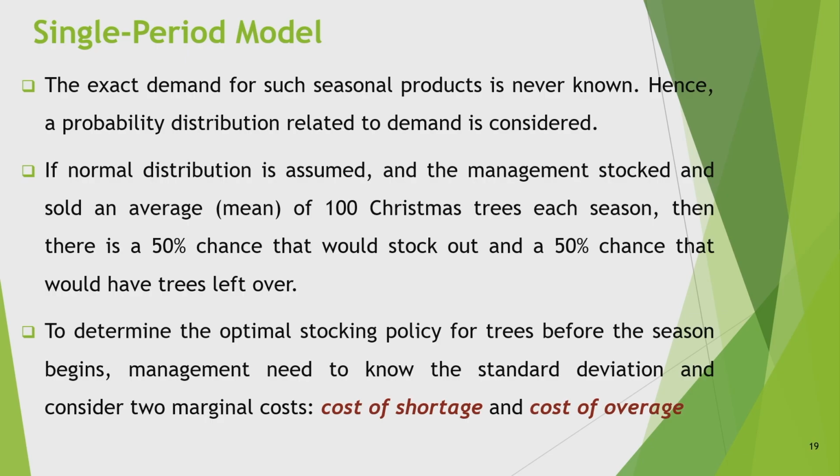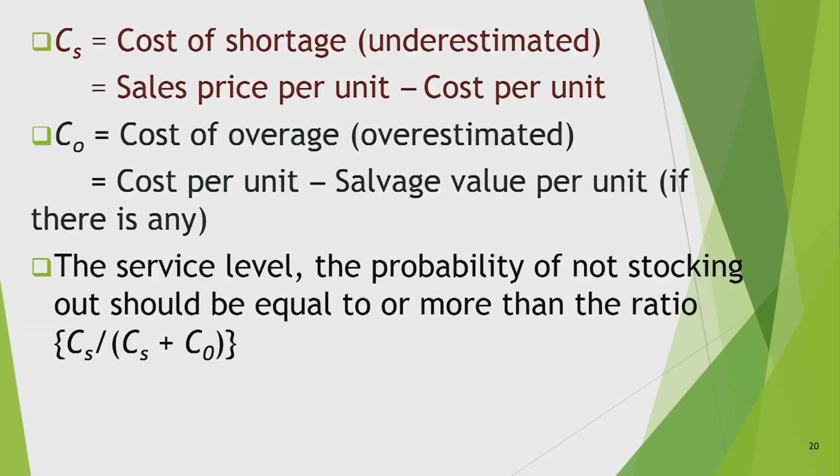Overage means if it gets destroyed or becomes useless, then what is the cost. So, CS is called the cost of shortage, and it is due to underestimation. This is the sales price per unit minus the cost per unit. This is considered the cost of shortage, in a way a type of loss. Suppose I am purchasing something for 10 rupees and selling it for 15 rupees.